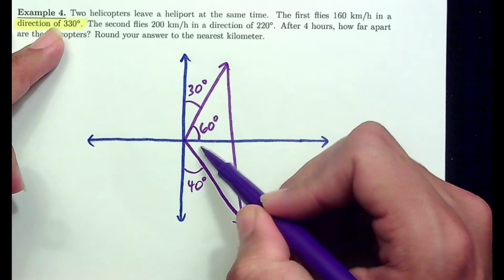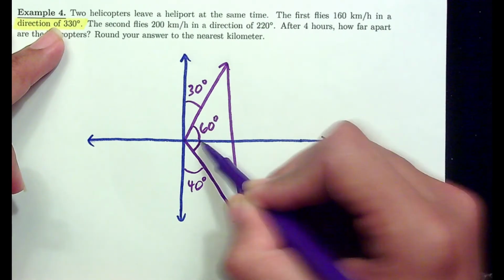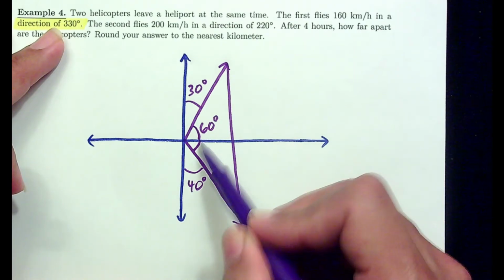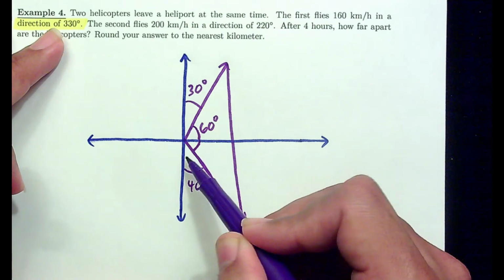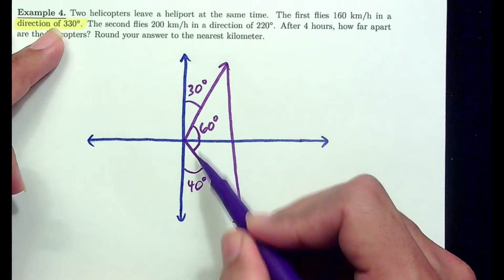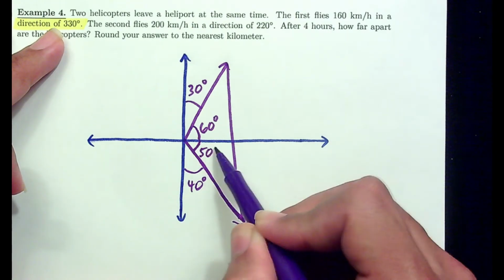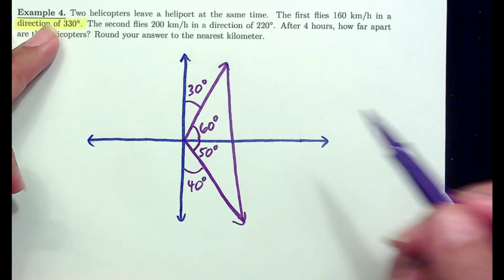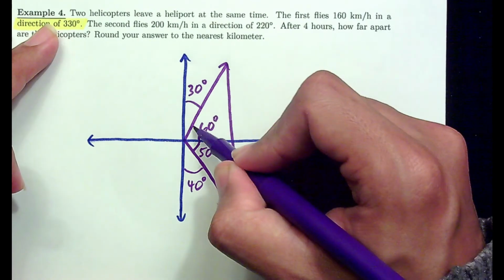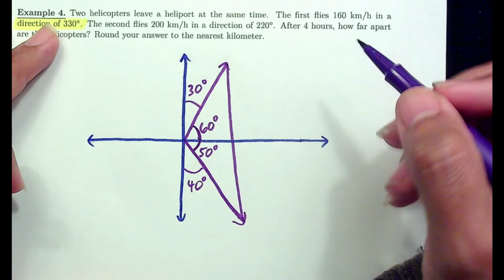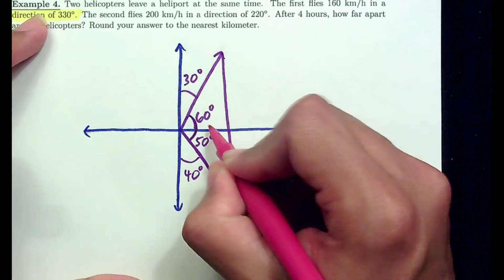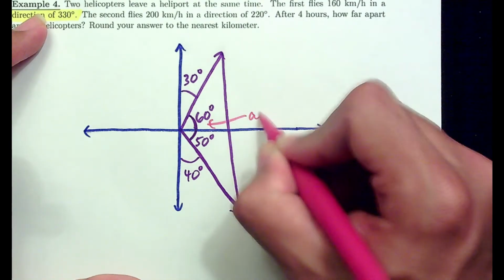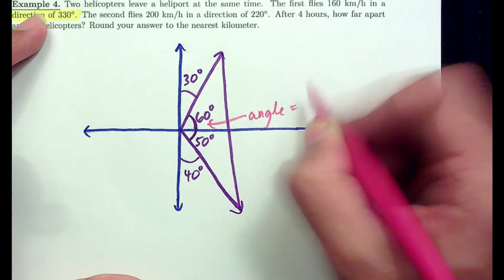And similarly, this part right here would be 90 minus 40 because it forms that right angle. So this part is 50. So the whole thing is then 110. That angle right there is 110 degrees.